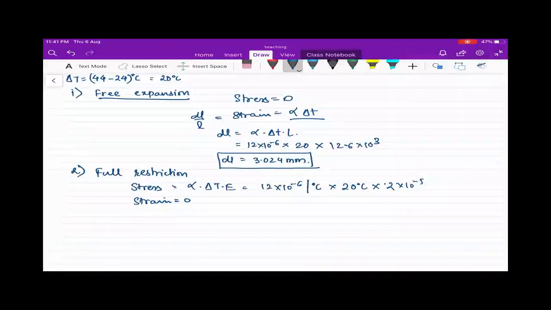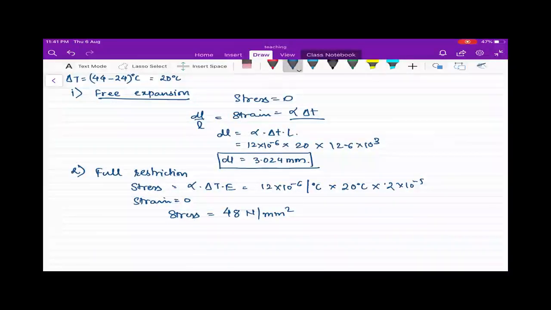If we try to calculate the stress value due to fully restricted condition, then that answer should be equal to 48 Newton per mm square. So this will be the stress value in case of fully restricted condition.